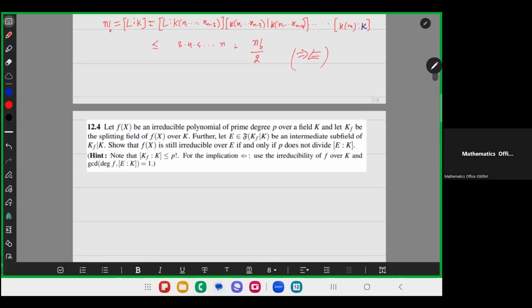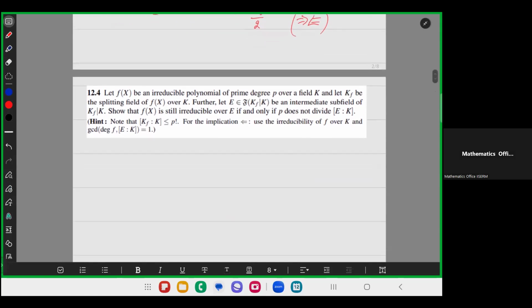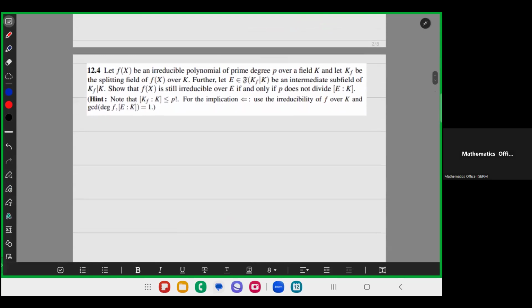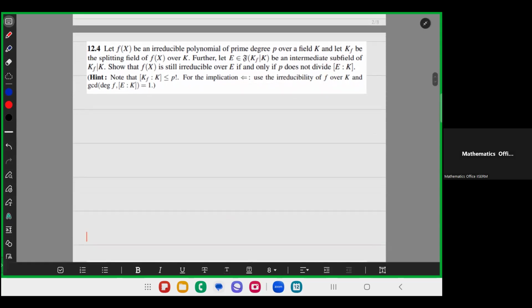Let f be an irreducible polynomial of degree p, where p is prime. Let K_f be the splitting field of f over K. Then what happens? Furthermore, for an intermediate subfield E, we want to show that f(x) is still irreducible inside E if and only if p does not divide [E:K].